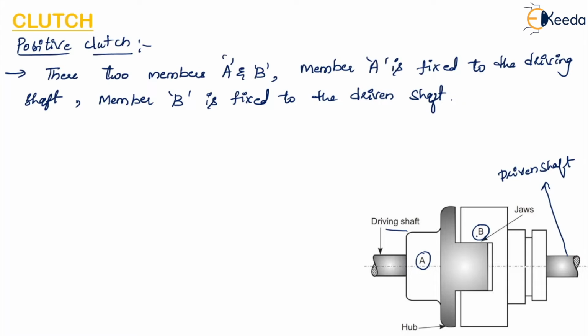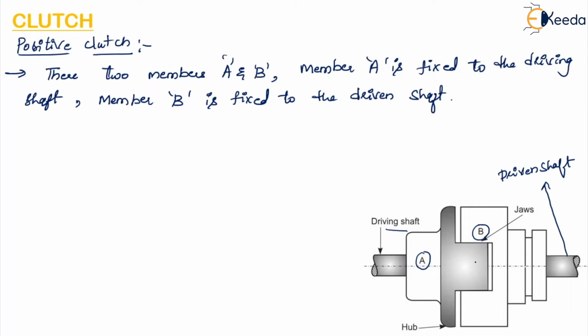So this member B is splined such that it can move axially by a shifting device that engages it by means of a square groove in the flange. So here this member B is splined in such a way that it can move axially, so it can move about the axis by a shifting device.